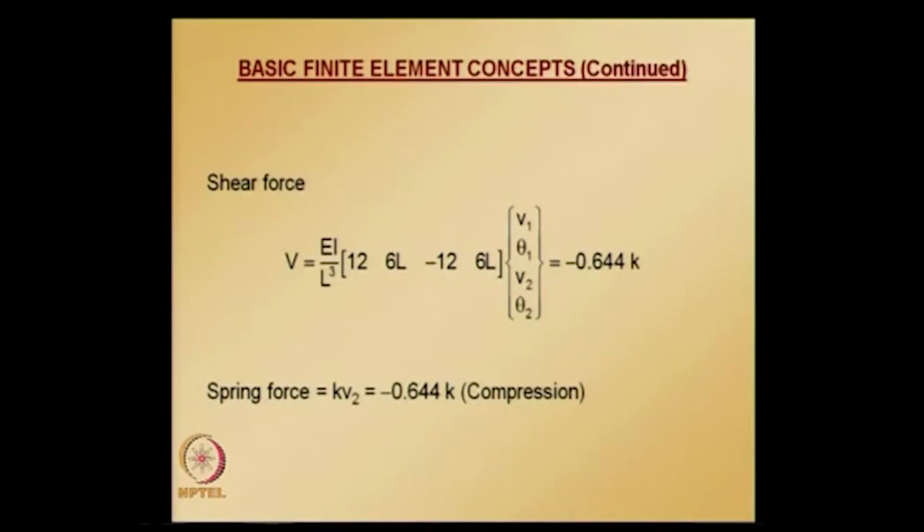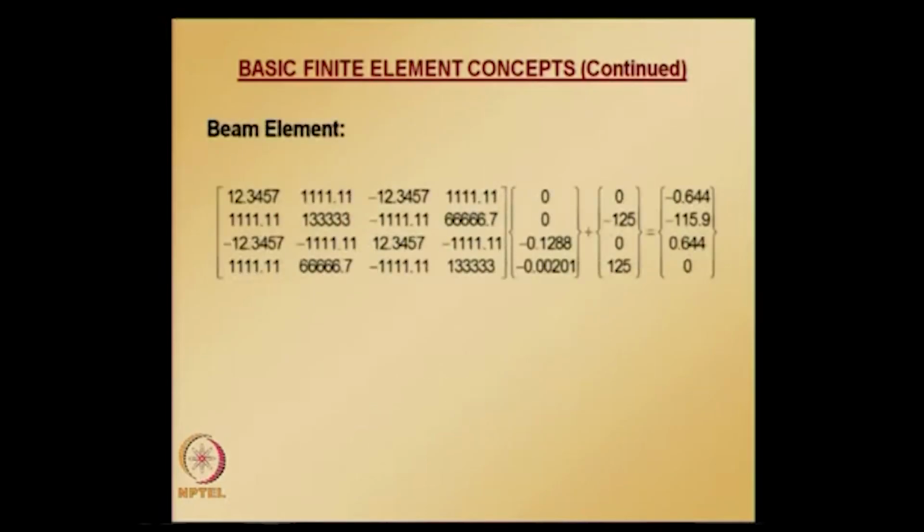And now we are ready to draw the free body diagrams using the sign conventions. Here the moment and shear at the ends are the applied forces. Suppose we want the values of the rotations and transverse displacement that we calculated, V2 and theta 2.